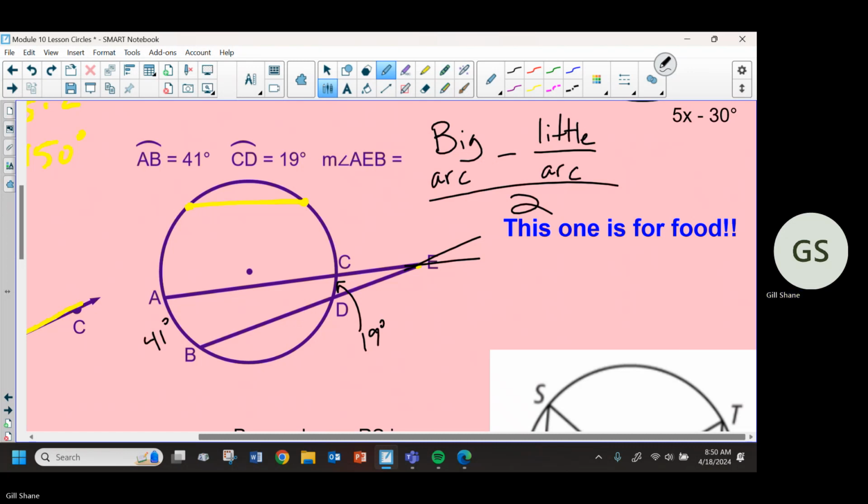Say it again. So again, 41, subtract 19, that's 22, and then 22 divided by 2 is 11. Oh, I don't know why I put a line in there. But actually, here, let's do this.